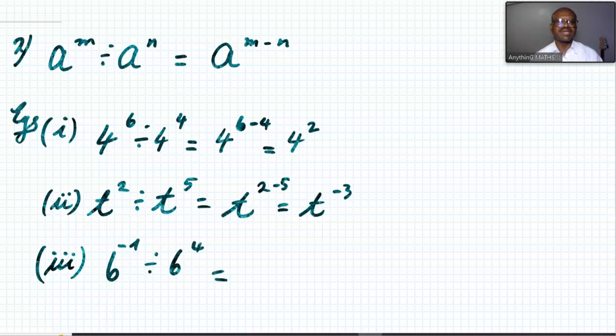The base we're dealing with is 6. We have negative 1 minus 4. And that will give us 6 raised to the power negative 5. Why? Because negative 1 minus 4 is negative 5.